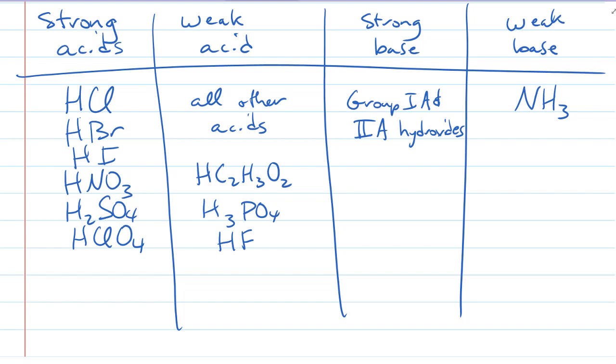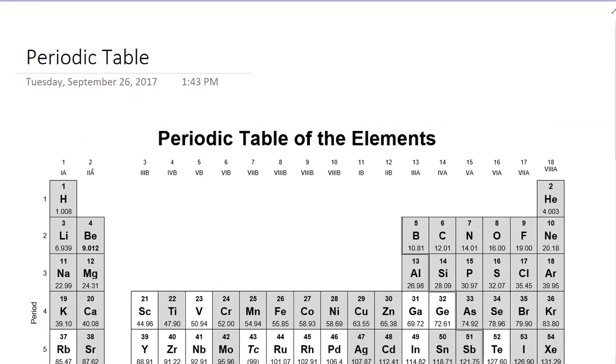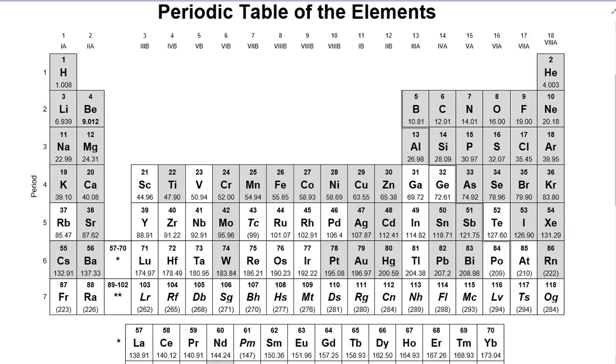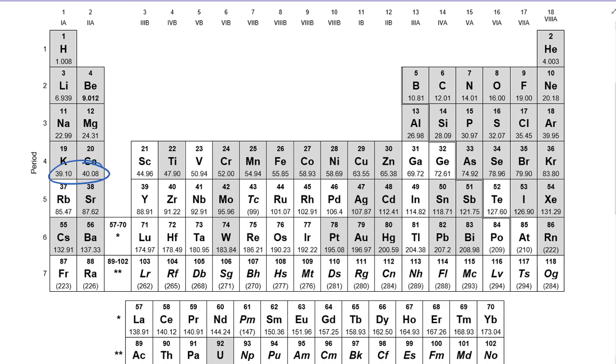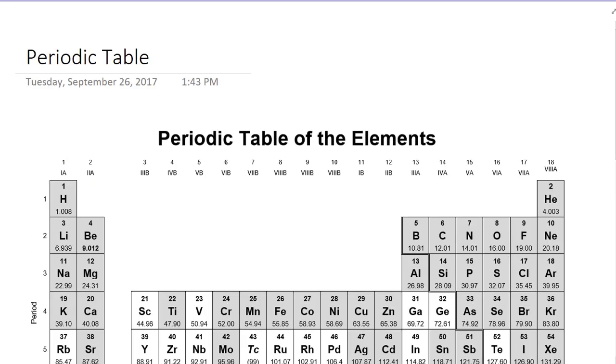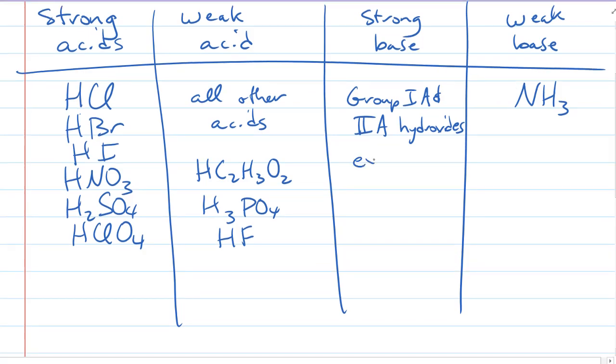So we look at the periodic table, and basically if it's a hydroxide in group 1A or 2A, then it's going to be a strong base. Now there are a couple exceptions. The beryllium and magnesium hydroxide are exceptions. So we'd say except for beryllium hydroxide and magnesium hydroxide.